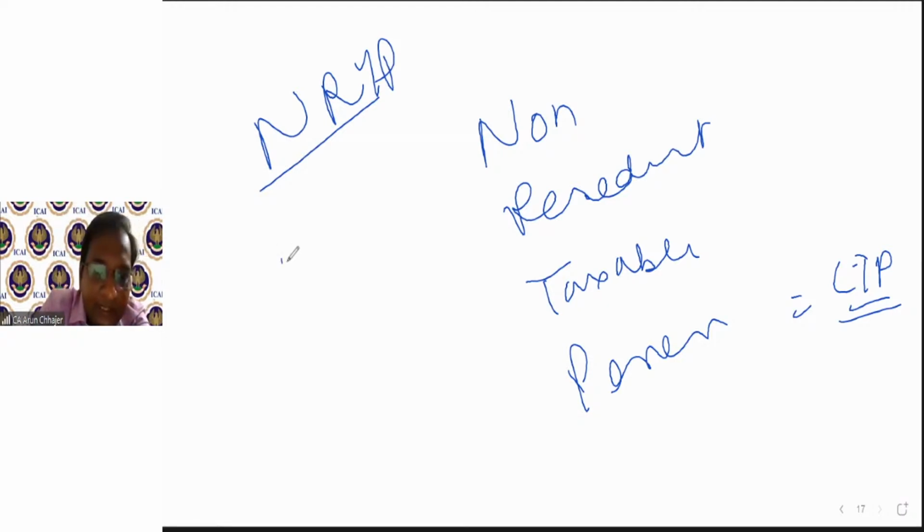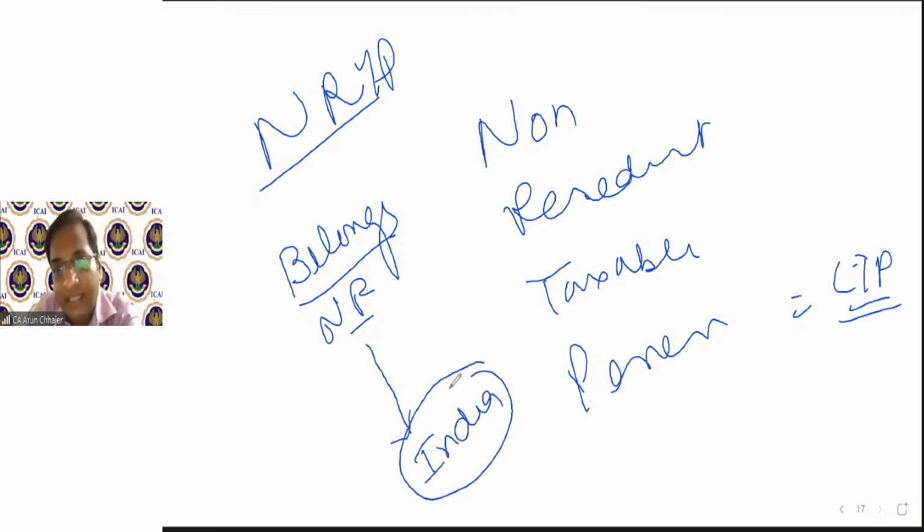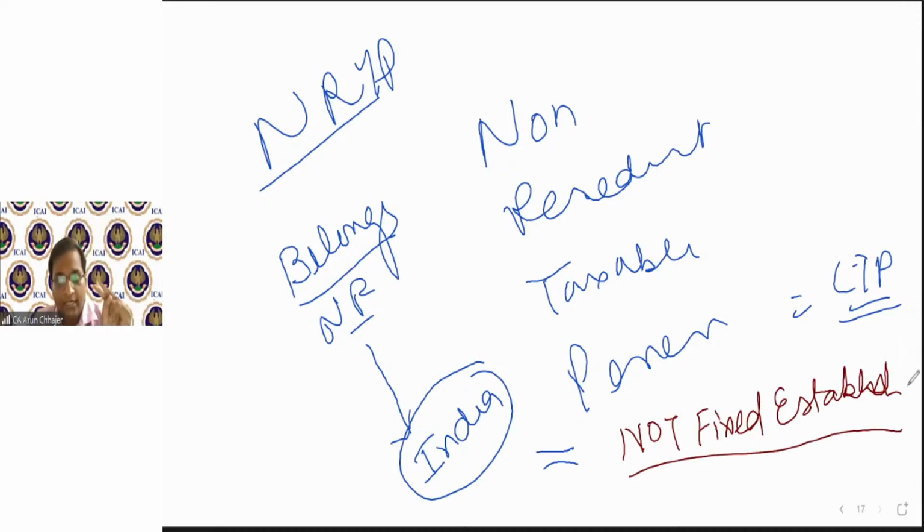If any person belongs to out of India, he's a non-resident coming to India, and from India he would like to make the taxable supply, but he does not have any fixed establishment. See, non-resident taxable person and casual taxable person are almost the same.